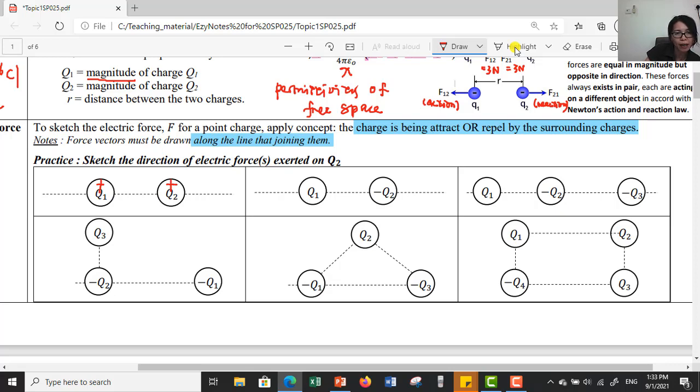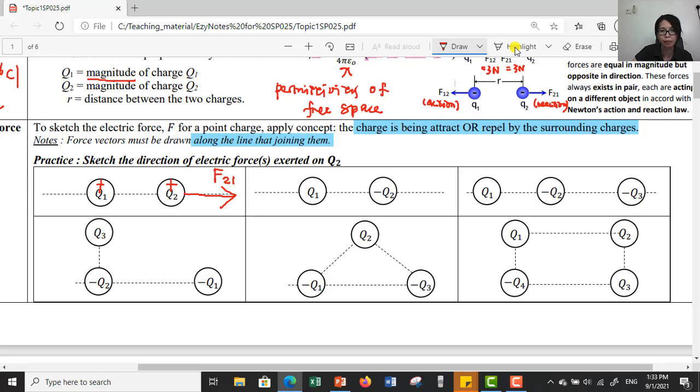Maksudnya Q2 akan rasa repulsive force from Q1. So Q2 akan pergi jauh lah. So the electric force acting on Q2 will be to the right. Q1 akan tolak Q2. Repel Q2. So saya label dia sebagai F21. Dan forces ni mesti lukis sepanjang garis lah yang sambungkan dua charge tersebut.